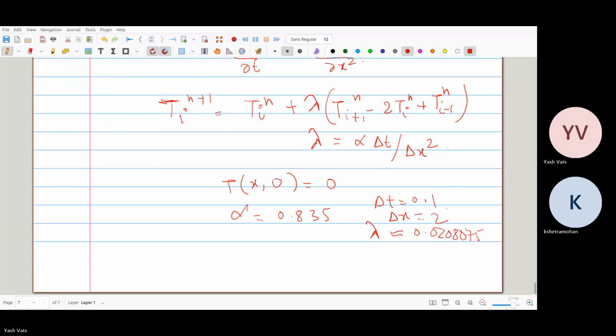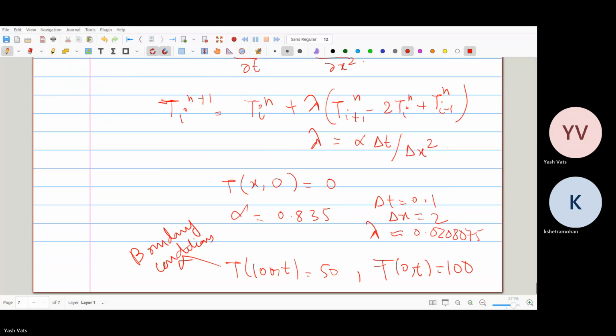T at 0 is 100, and T at 100 is 50. So what are these? These are called the boundary conditions.